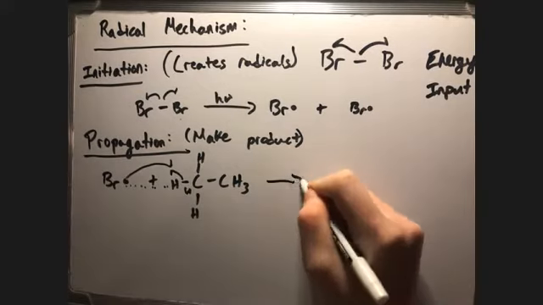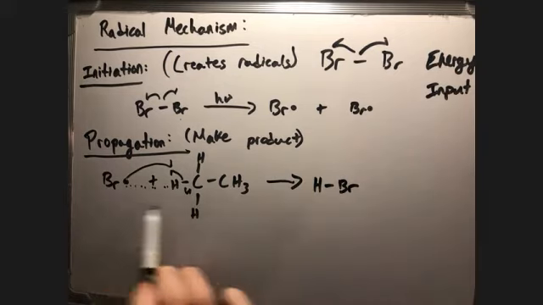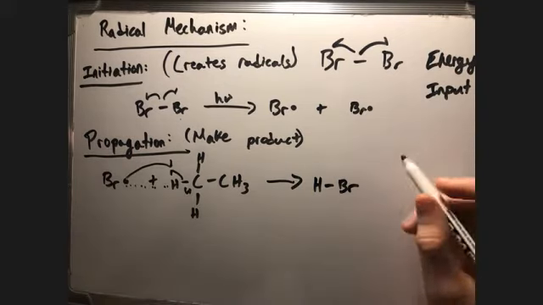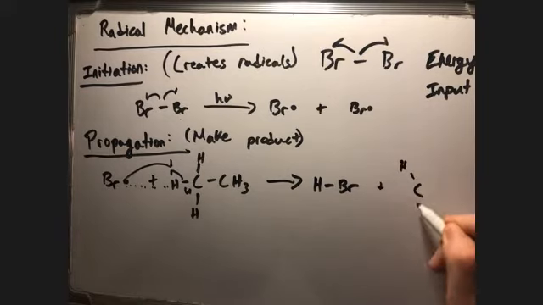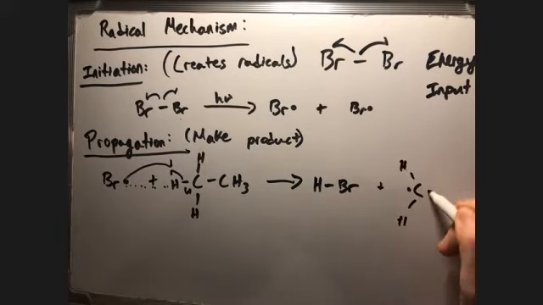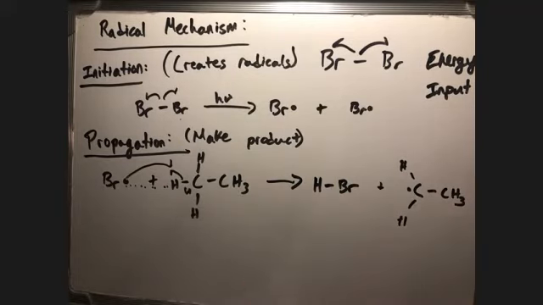So you end up with this hydrogen bromine bond creation and the formation of this new radical. This one, where this 1 electron that's here is from that bond that's cleaved.